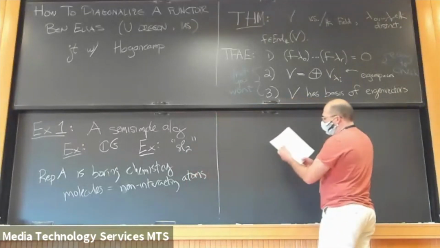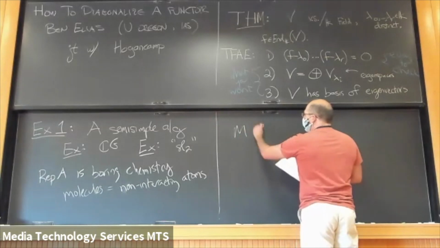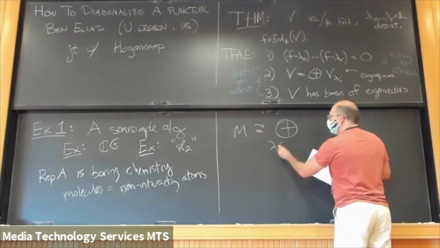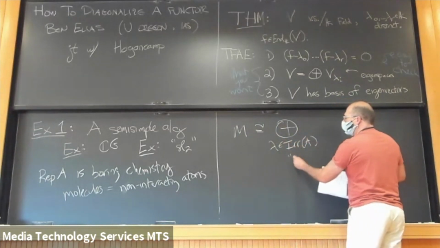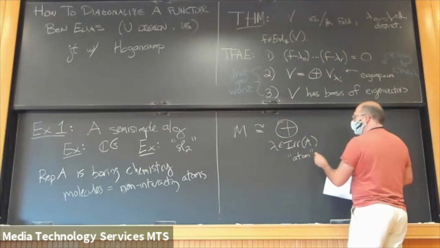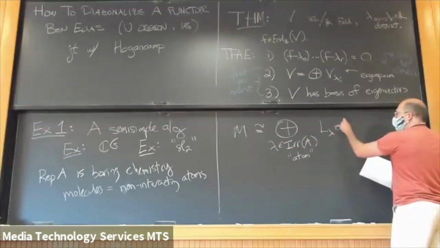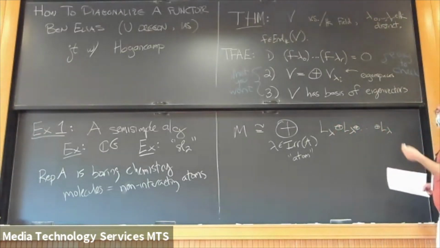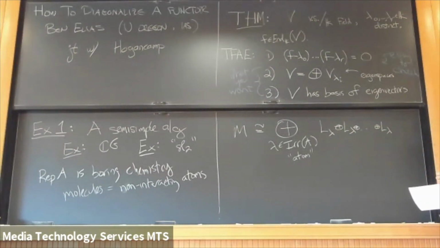And the way that you write that mathematically is that if you have an arbitrary representation, it splits as a direct sum over all irreducible representations, so these are the choices of atoms, of a number of copies of that atom. So this appears with some multiplicity. So 5 hydrogens, 2 oxygens, not interacting maybe.